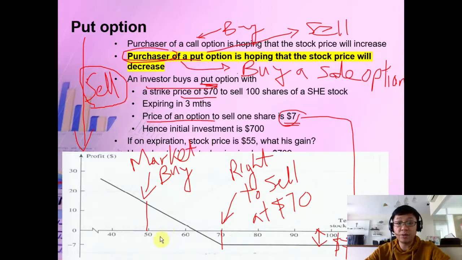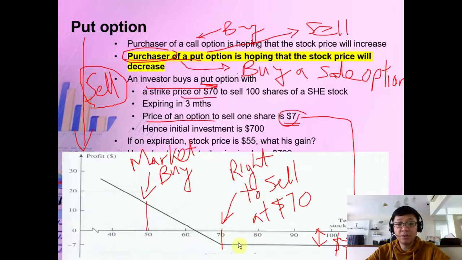So you can sell at 70 and you can buy back at 55. Remember, this is buying back. You're doing the reverse. So 70 minus 55 minus $7. That will be your net gain.